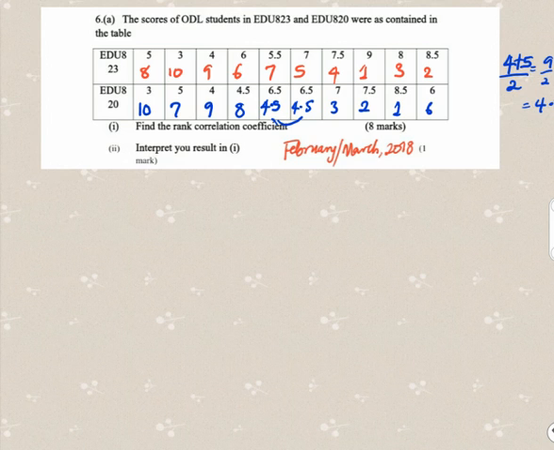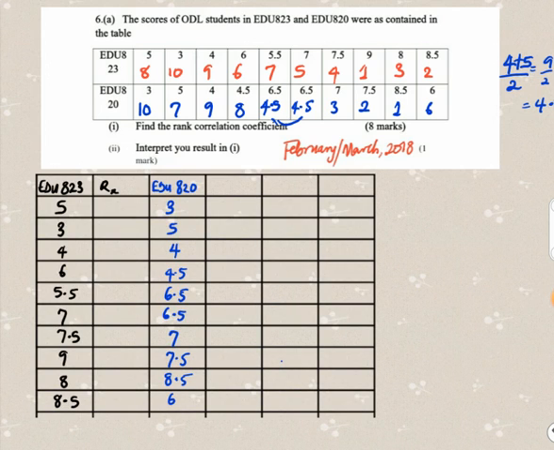All right, now we are going to rearrange this table. Let's quickly do that. What we simply did here is arrange the scores in our column.